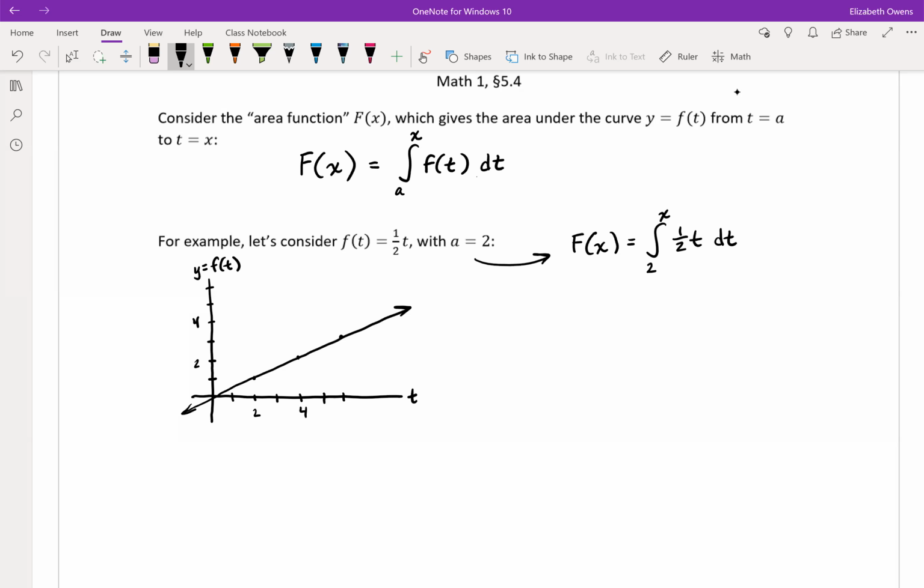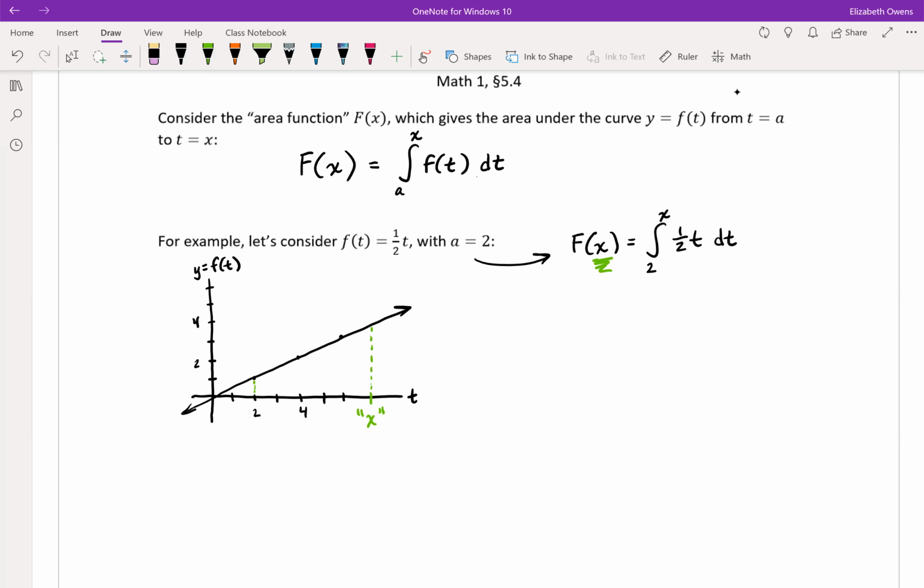So our area function is taking the area beneath that curve from 2 to some upper limit x. And I'm going to try and keep this as generic as I can. I'm just going to put x out here. And note that for our area function, x is a variable.